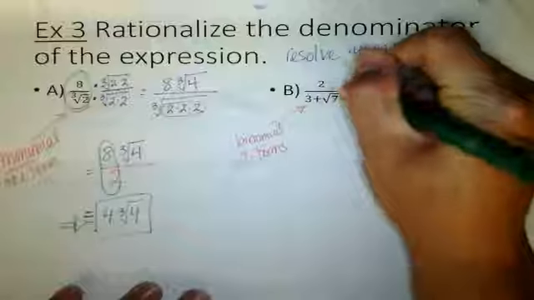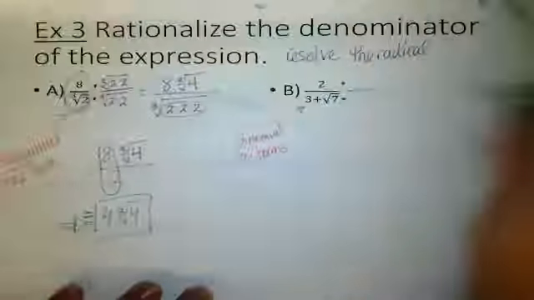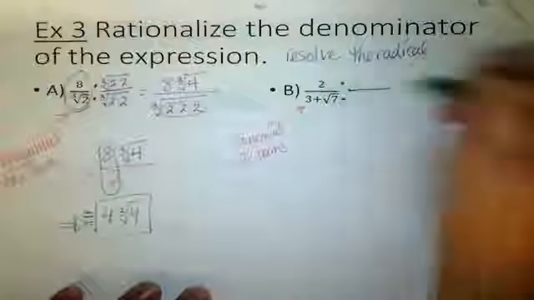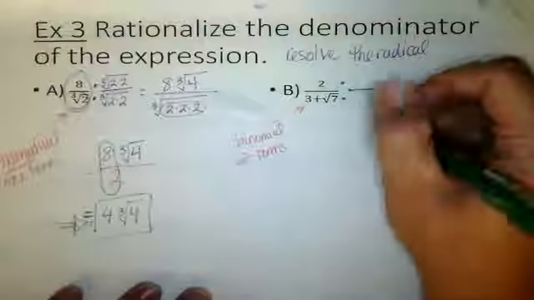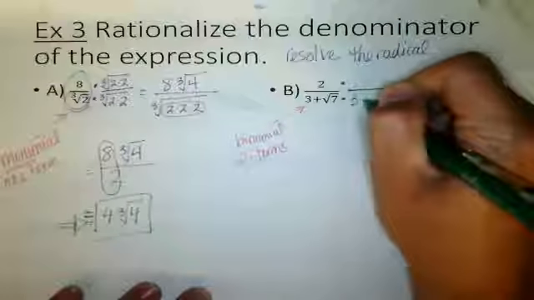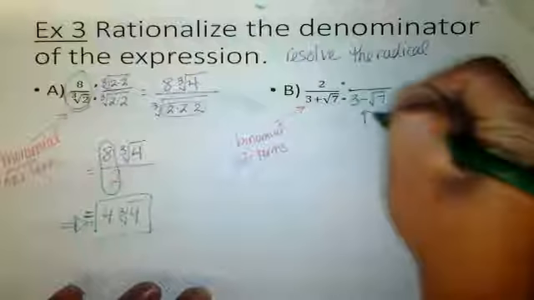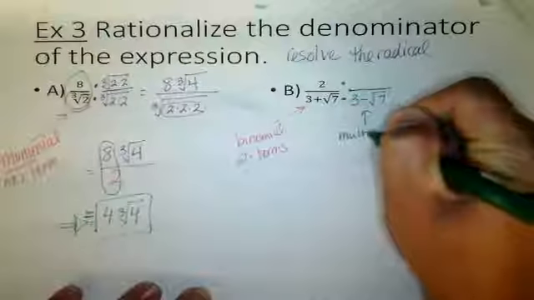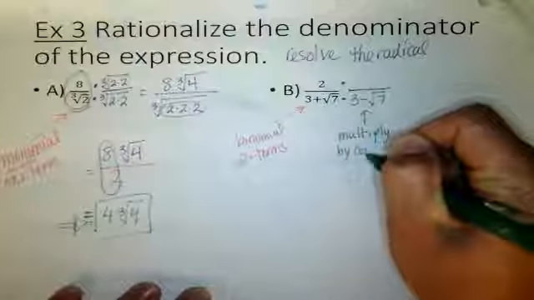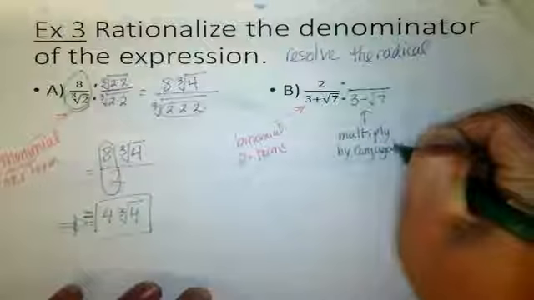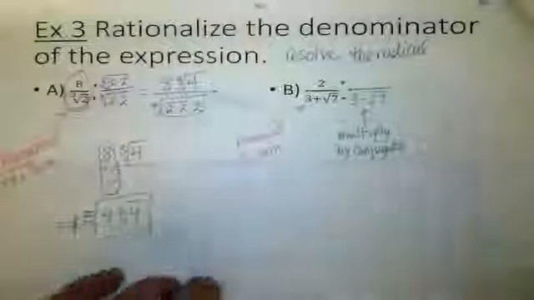I am still going to multiply top and bottom. Does anyone know? Yeah, so it's 3 minus radical 7. This is called multiply by the conjugate. The conjugate, as in conjugating verbs.